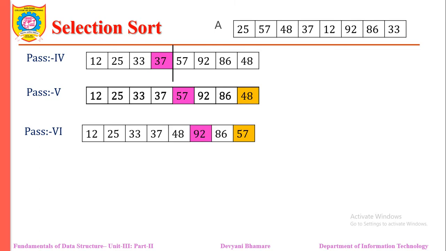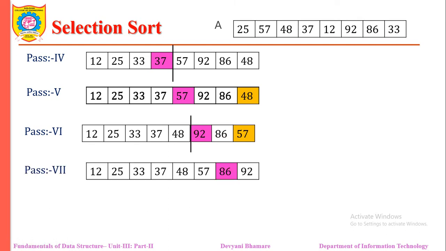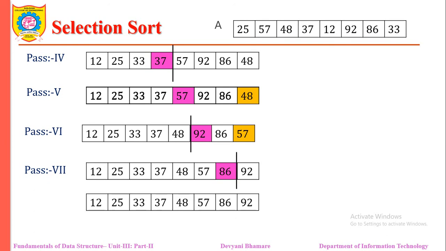Then from 92 to 57, we identify that 57 will be exchanged with 92. After pass 7, 86 and 92 are compared and it is in its proper place. So at the end of n-1 passes, we get all elements in sorted manner.